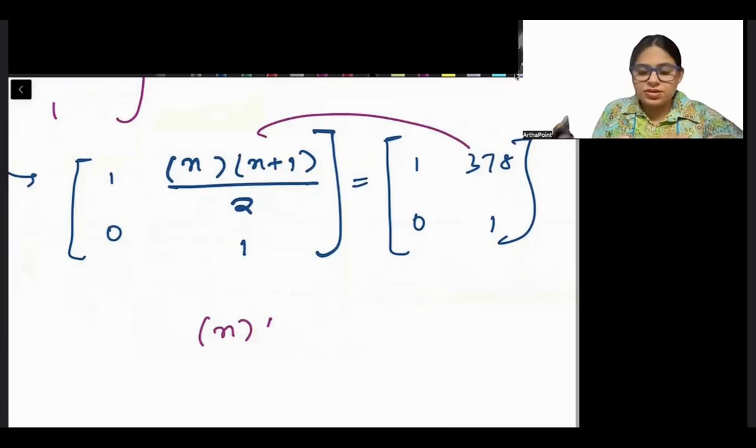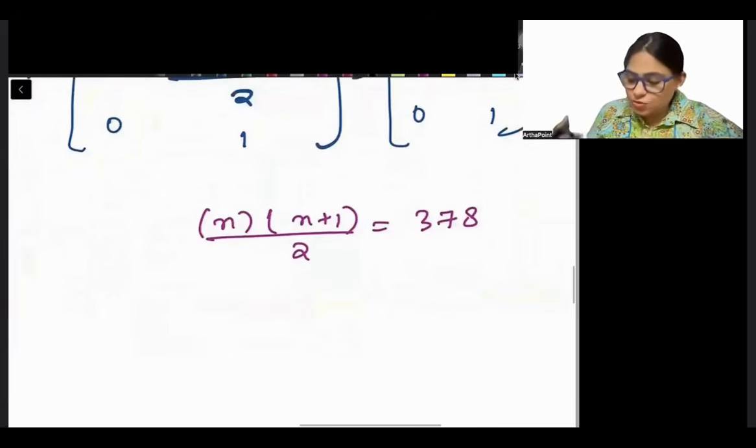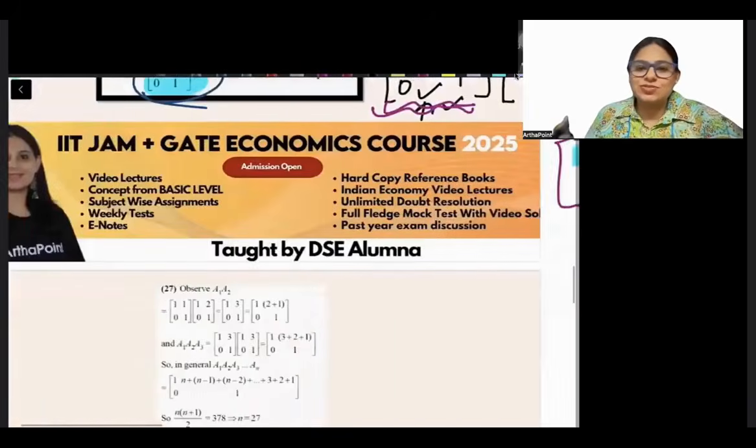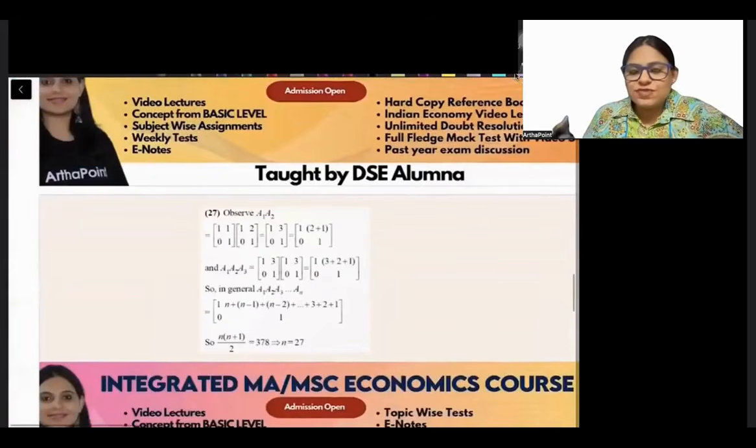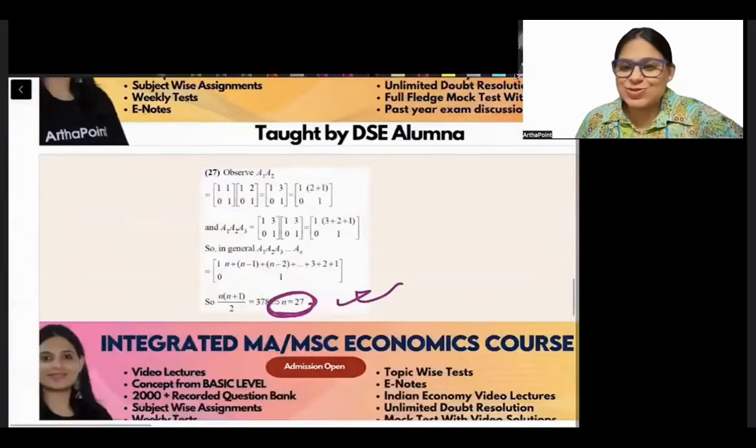Just give me a minute. Sometimes the pen shows tantrums. Right? So n square plus n is equal to 378 into 2. Quadratic equation. Just solve it. So when you will be solving this, you will get n as 27. That's the answer to this question.